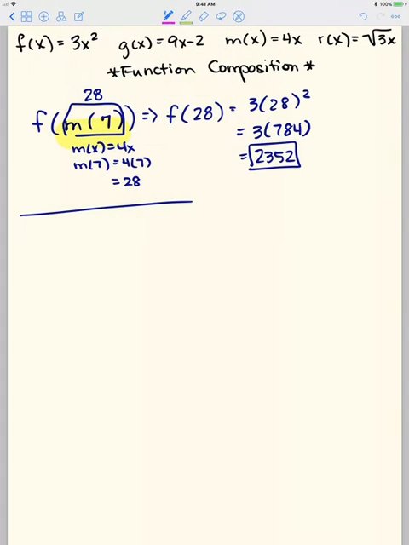Right? Another example would be if you were asked to find, how about we do r of g of x, x being the input, no number going in. So we'll take the g of x function, which is the 9x minus 2, and we'll take that entire function and plug it into the r function.